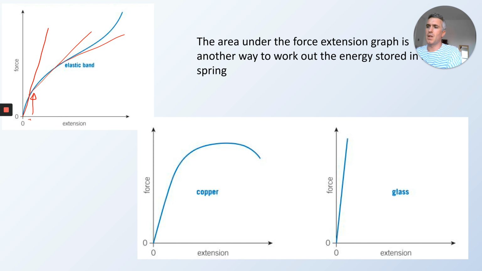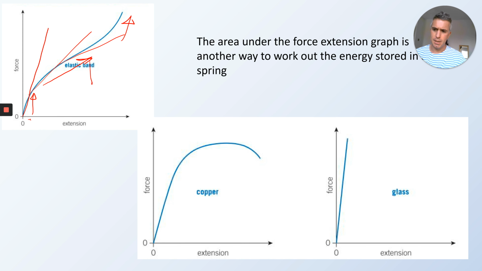Then, once you've got past the first bit, it loosens up, and you need to put in not as much force. This is probably twice the amount of force as the first bit, but you probably have three times the extension. So it's stiff at the start, then it loosens up a bit, and when you get to the end, it goes back to being a bit stiffer and doesn't extend much. So that graph tells us how that elastic band behaves.